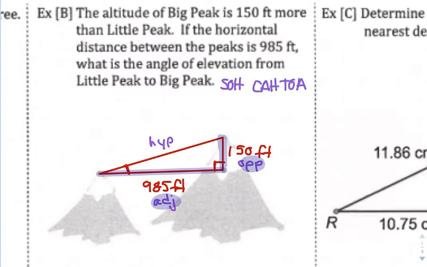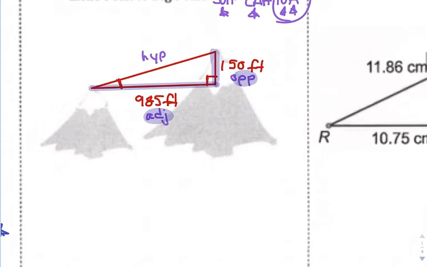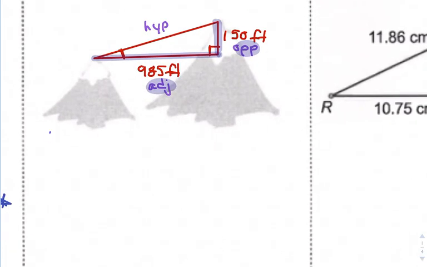If I have adjacent, that's my A. If I have opposite, that's my O. Looks like my tangent is the one I'm using. So we're going to set it up. Tan of your angle equals opposite over adjacent. Now I'm going to put x where my angle is, so I know that's what I'm solving for. So it's going to be tan x equals 150 over 985.